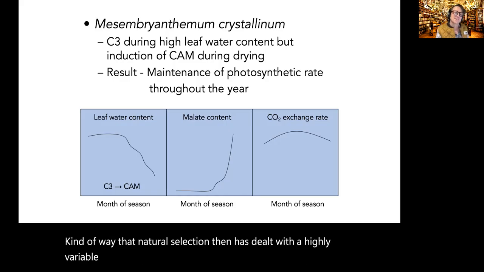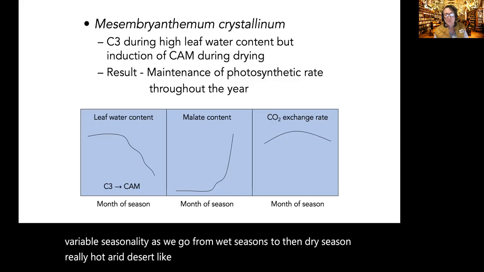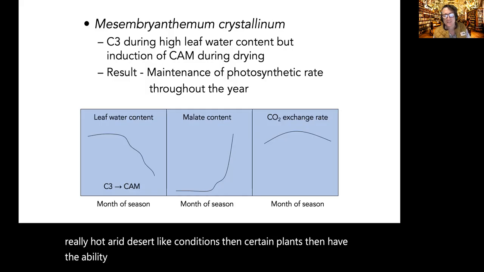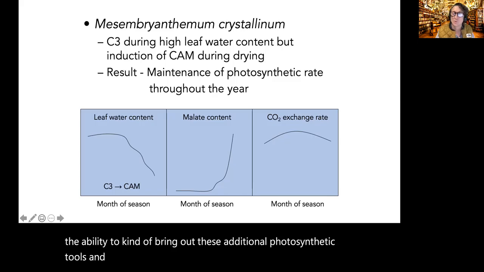As we go from wet seasons to dry season, really hot, arid, desert-like conditions, certain plants have the ability to bring out these additional photosynthetic tools and switch between C3 and CAM in this way.